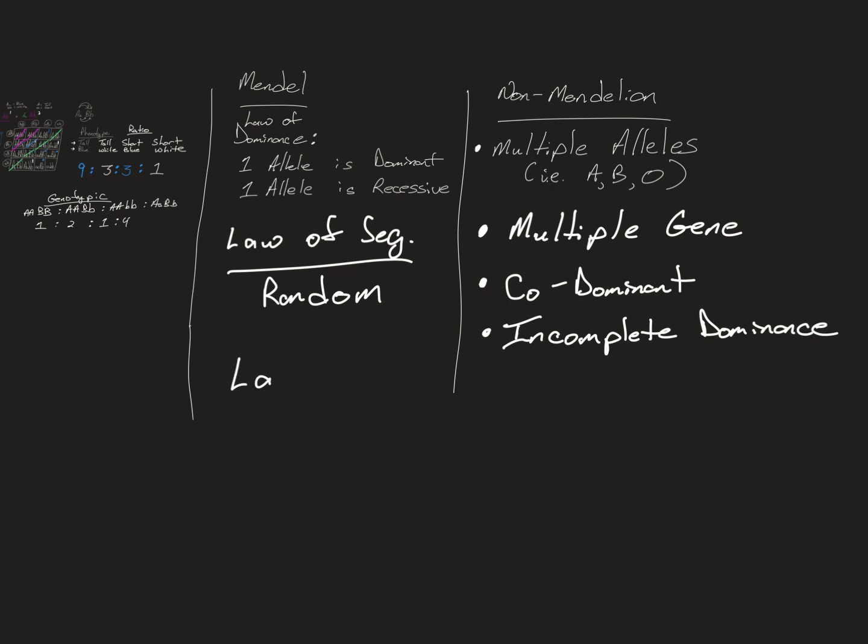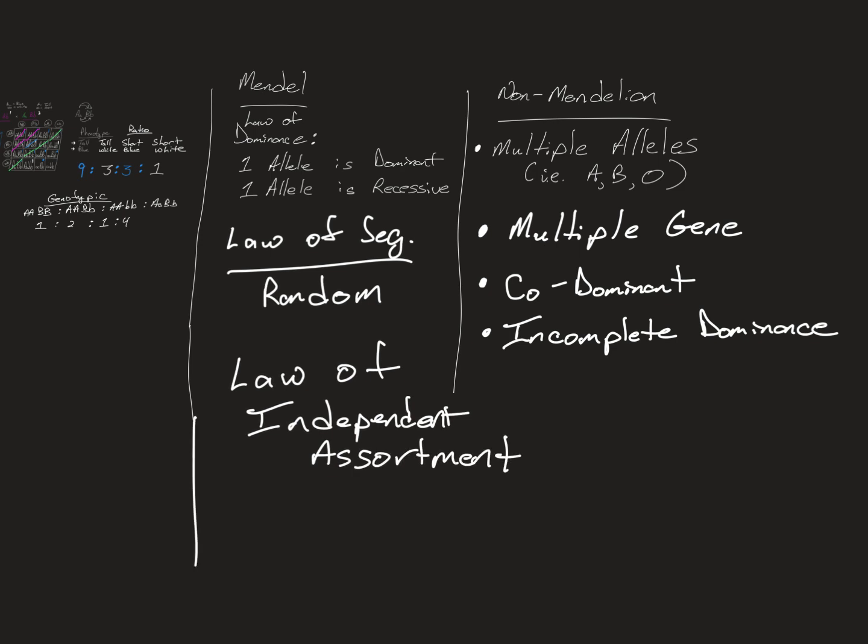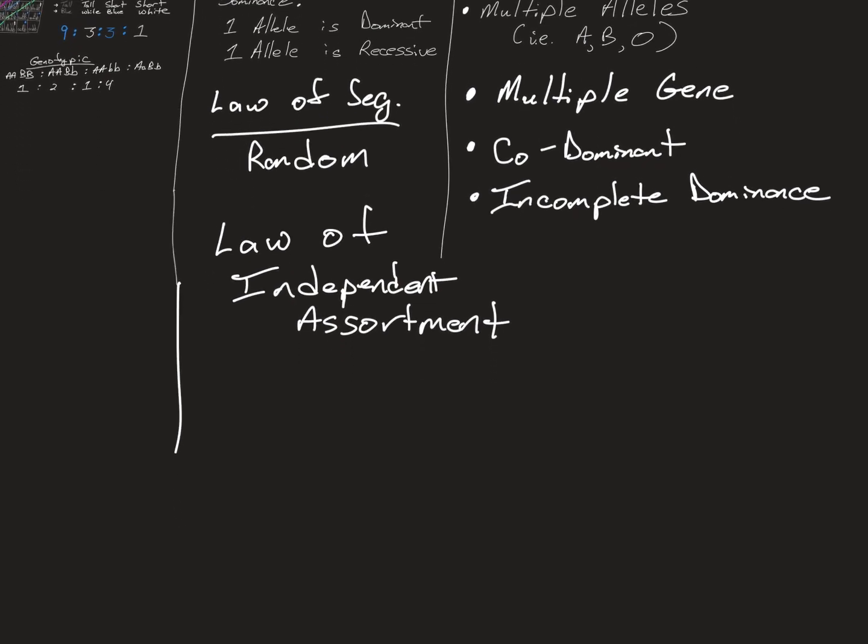However, the law of independent assortment. What that means is when you have 2 genes, like the one we just talked about, A and B, on 2 different chromosomes, he argued they would be distributed randomly, which is pretty much true as long as they're not linked.